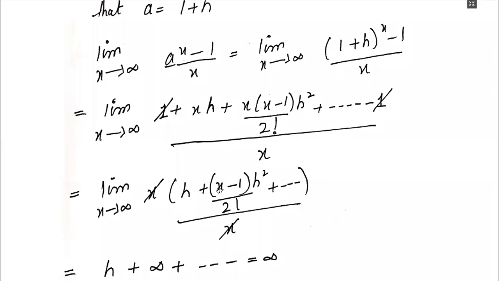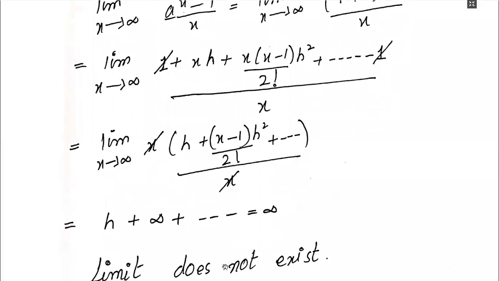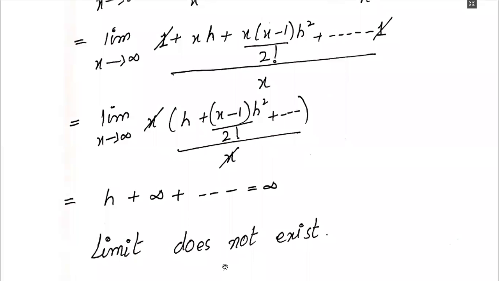It means this whole term is infinity plus infinity plus infinity and so on. Then we get h plus infinity. Any term added to infinity again gives infinity. So the limit of this function does not exist as x tends to infinity.